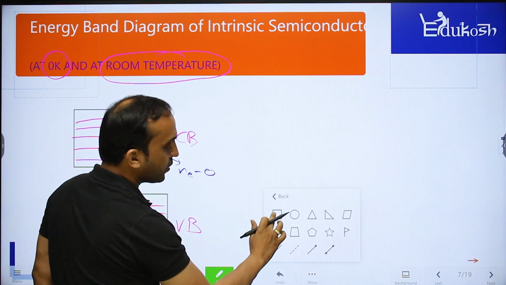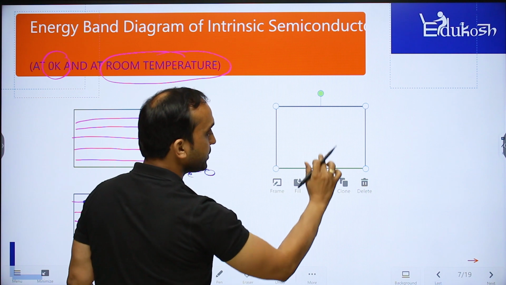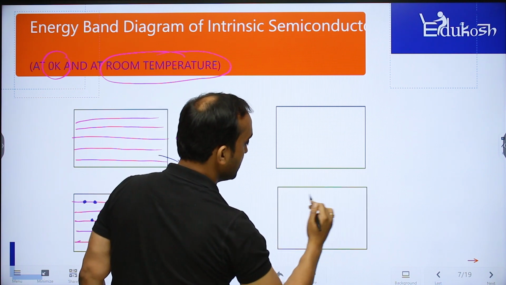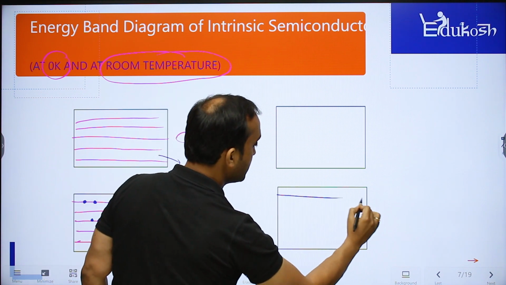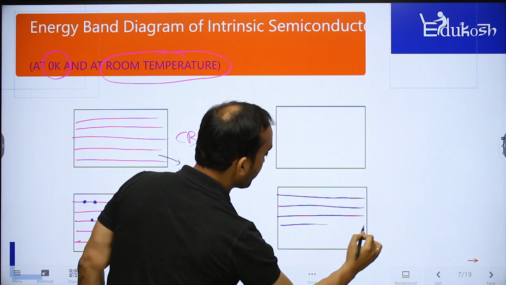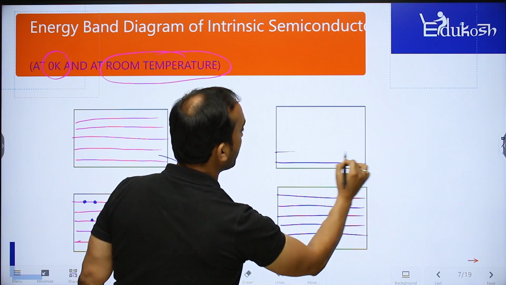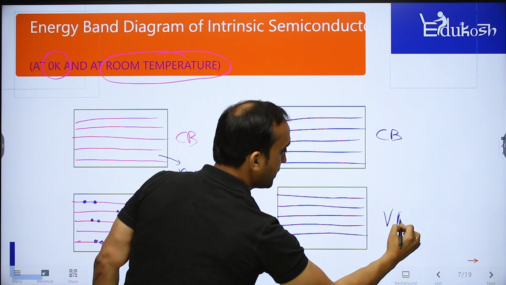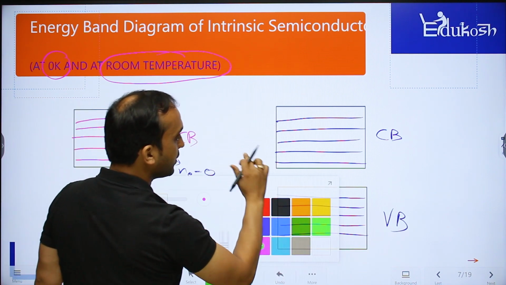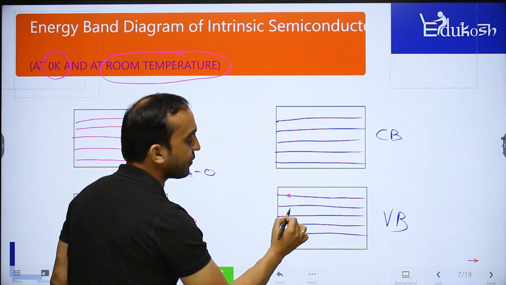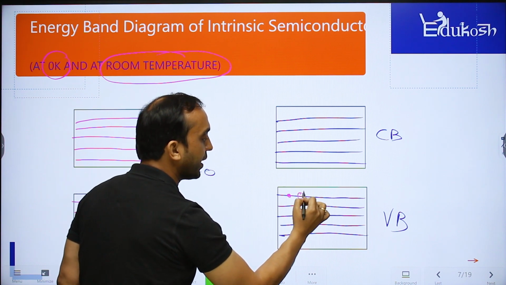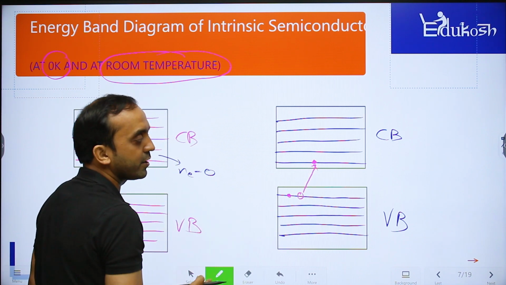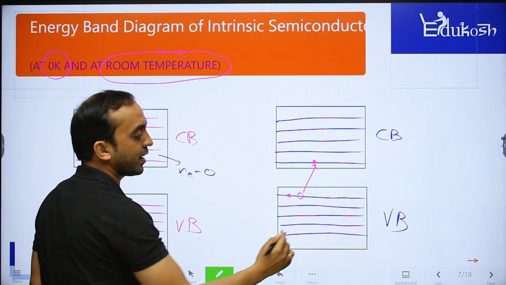But what happens at room temperature? Let's see. At room temperature, these are the close energy levels of the valence band and the close energy levels of the conduction band. This is one of the free electrons, and this free electron has jumped to the conduction band, and because of this there is one hole in the valence band and one free electron in the conduction band.